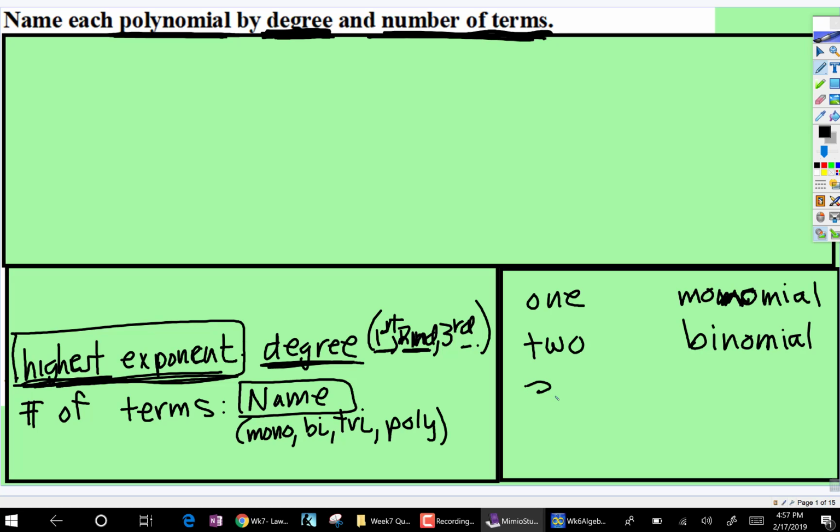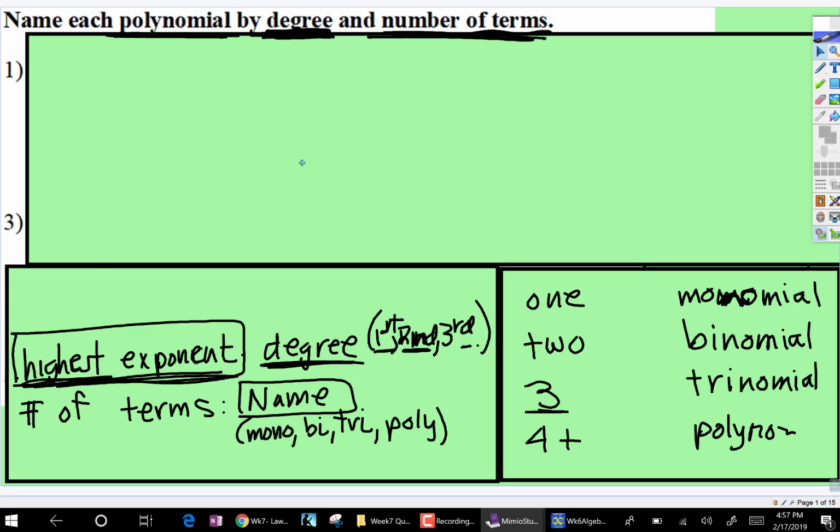If there are three terms, that's a trinomial. And there's four, quartic, quintic, but once we go beyond 3, when there are 4 or more terms, we're going to refer to that as a polynomial, although technically all of these are polynomials.